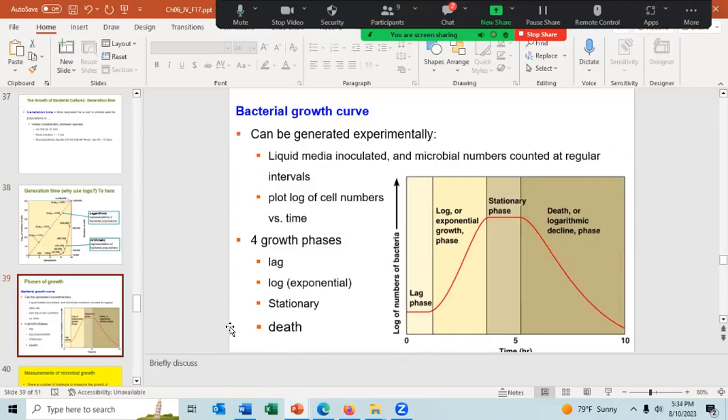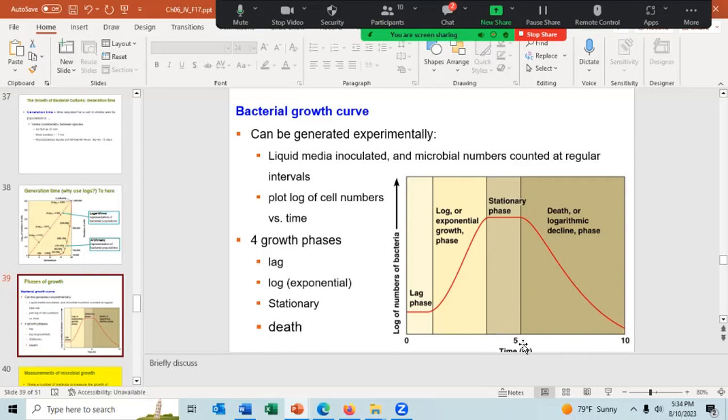When we're talking about bacterial growth curves, we almost always get a growth curve looking like this. And this is not unique to bacteria. This is a growth curve you tend to find for almost any organism.